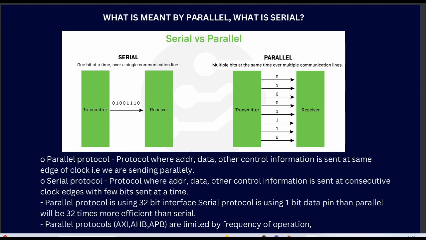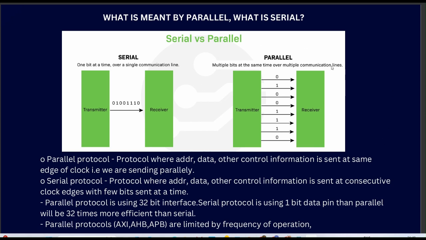So we will start with serial and parallel protocols, to have a background of how these serial and parallel protocols are essential, and why we actually need the PCIe protocol. The parallel protocol is where address, data, and other control information is sent at the same edge of the clock. That is, we are sending in parallel, as shown in this diagram.